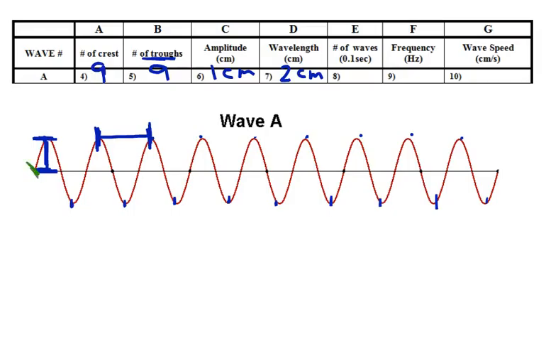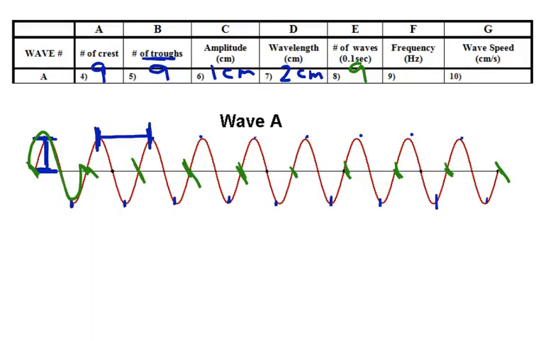So if we start here, that's 1, 2, 3, 4, 5, 6, 7, 8, and 9. So 9 vibrations. So there would be 9 waves for this particular case of 1/10 of a second.